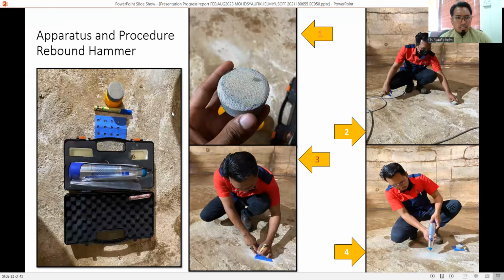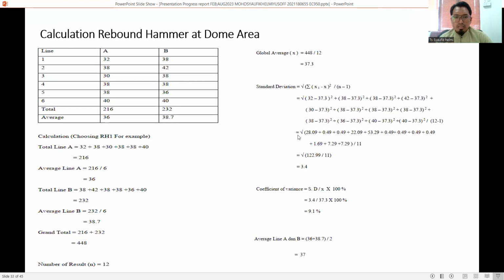Now this is our preparation method for the internal water tank. We are using the rebound hammer method.